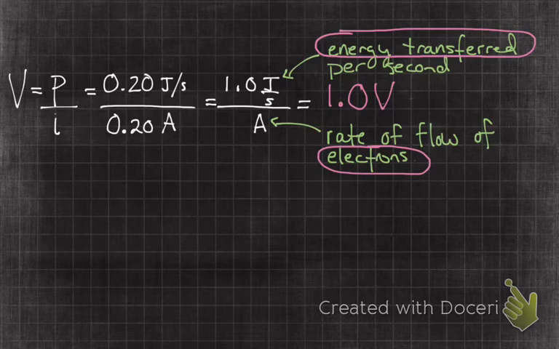And as a reminder, 1 joule per second is the energy transferred per second, and 1 ampere is the rate of flow of electrons. So I've circled in pink a few words here that we want to focus on. We can think of this volt as the energy transferred to electrons.